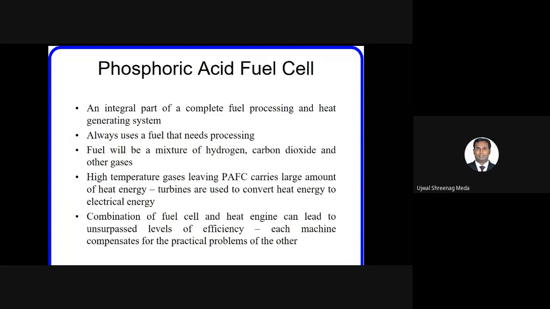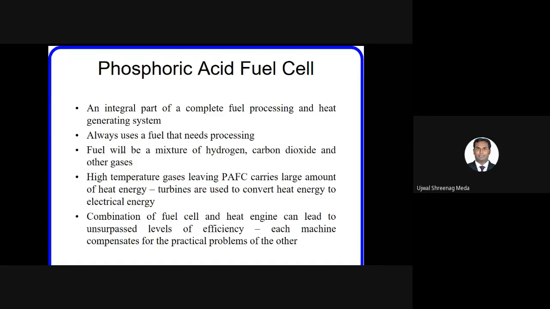As discussed about medium and high temperature fuel cells, it is possible for CHP. If you consider the current density or efficiency of the phosphoric acid fuel cell alone, where you do not take the CHP into account, in such a case, the current density is moderate and efficiency is low.